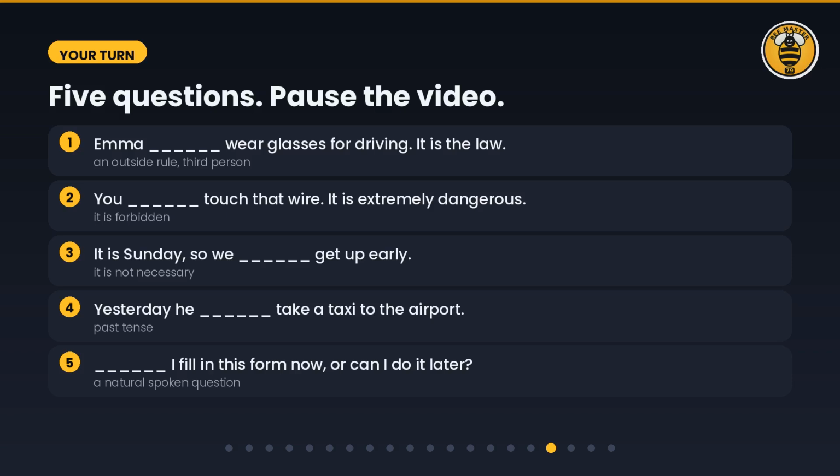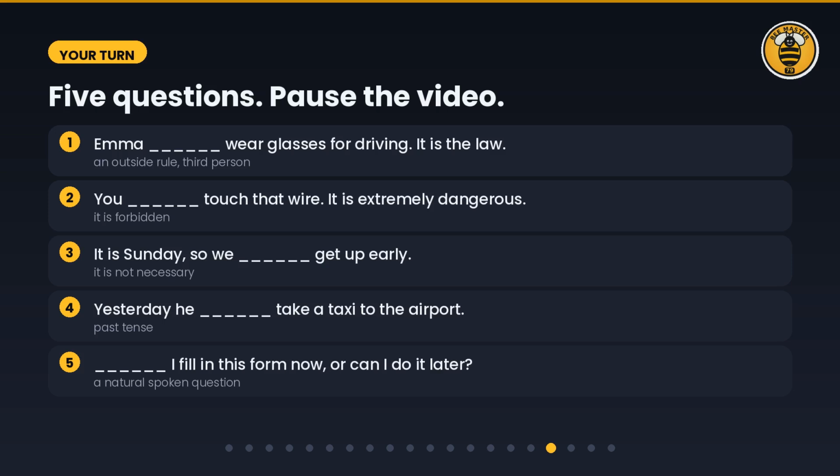Now it is your turn. 5 gaps. Read each one, look at the hint, and say your answer out loud. Pause the video here and start it again when you are ready. Number 1. Emma, gap, wear glasses for driving. It is the law. Number 2.